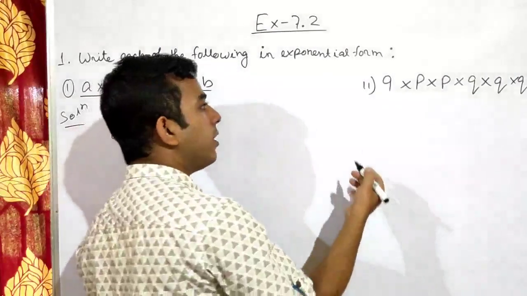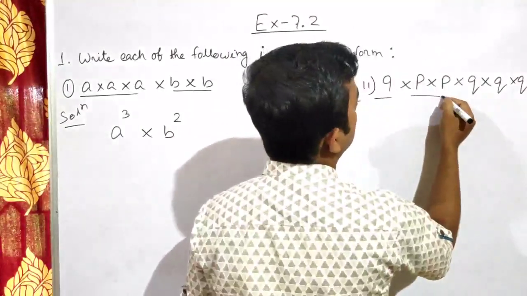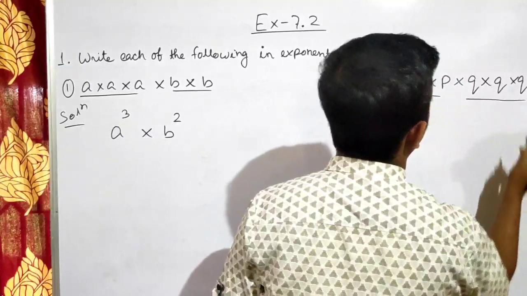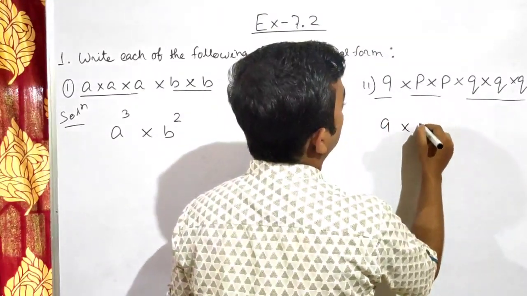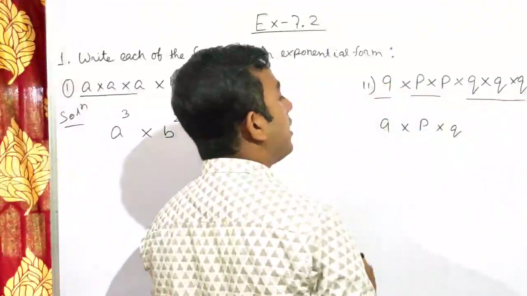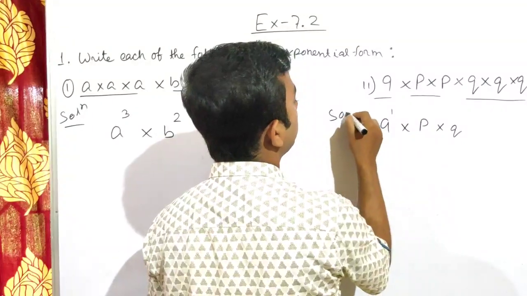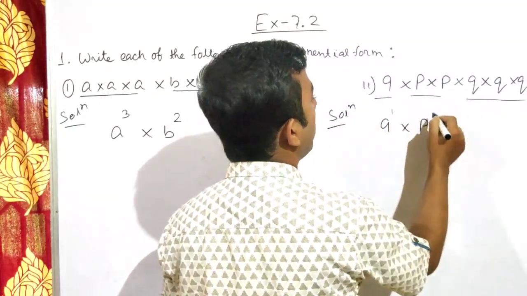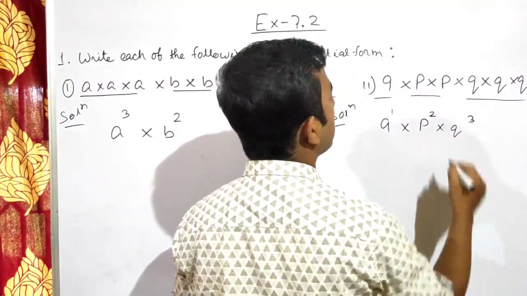Here how many numbers are multiplied? Look, first one is 9, second one is p, third one is q. So first we write 9 into p into q. Here 9 is multiplied how many times? 1 time, isn't it? P is multiplied how many times? 2 times. Q is multiplied how many times? 3 times.